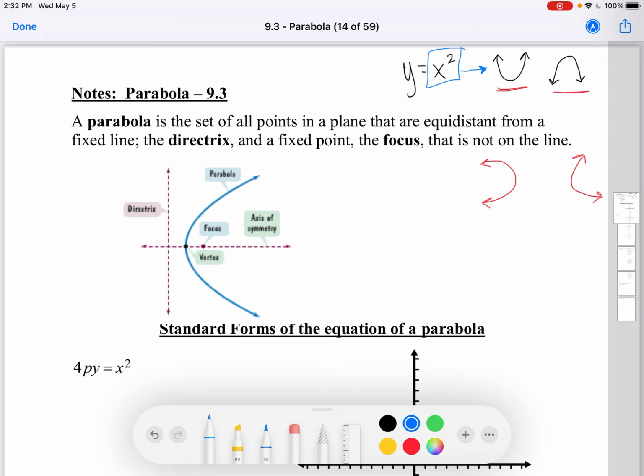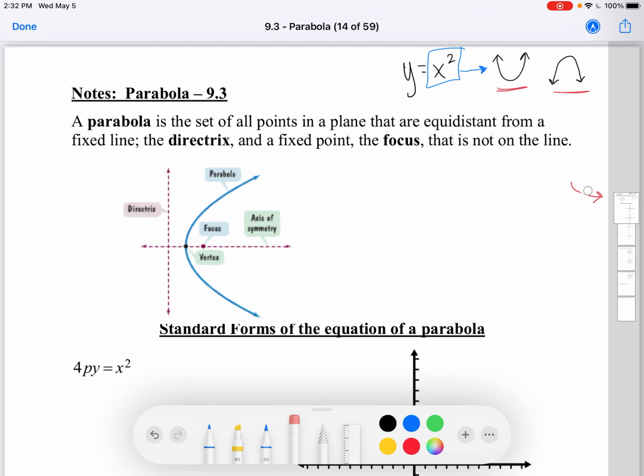So whenever x happened to be squared, we knew our picture was going up or down. Today, we're also going to have the option to go left or right, but it's not going to be when x is squared. It's now going to be when y is squared. So make that realization now, because that will really help us in the future.